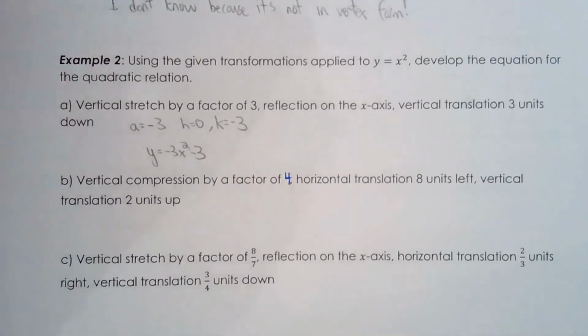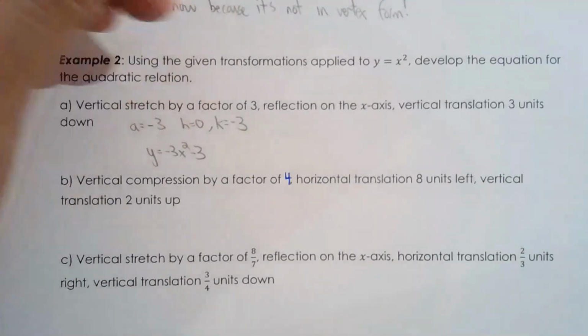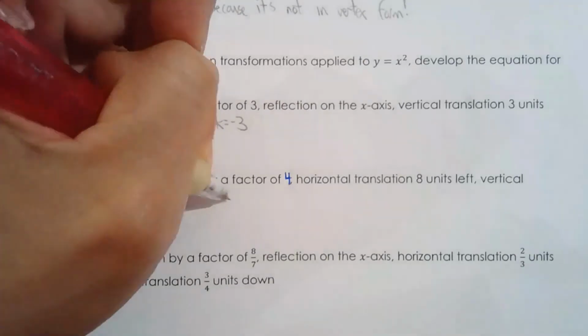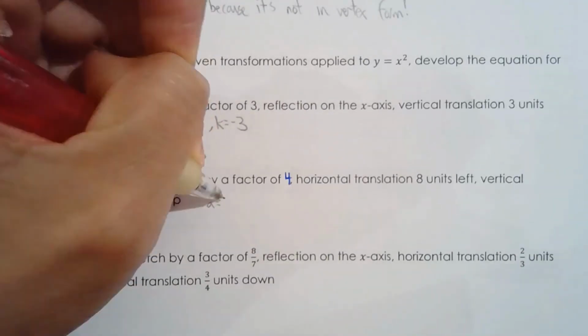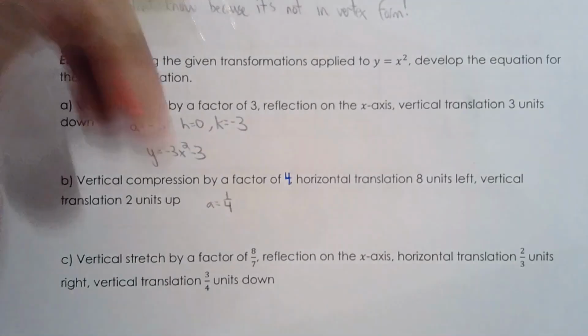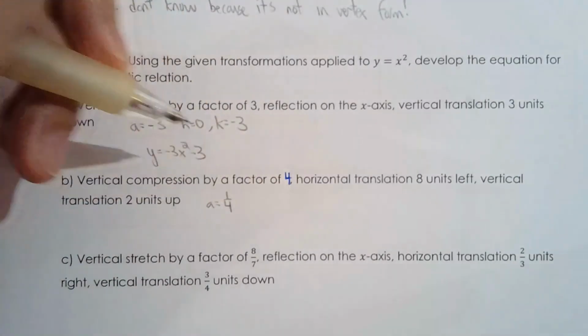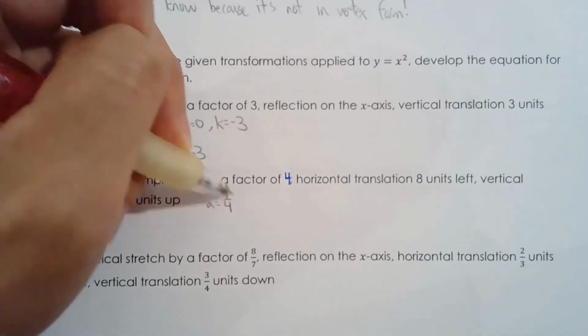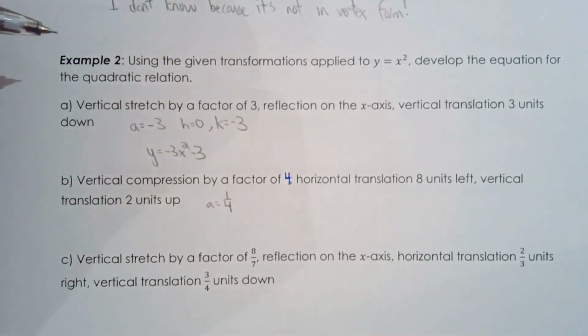Vertical compression by a factor of 4, horizontal translation 8 units left, vertical translation 2 units up. So let's see. A is going to be 1/4, okay? Because if I divided the vertical distance by 4, that means I must have multiplied by 1/4.